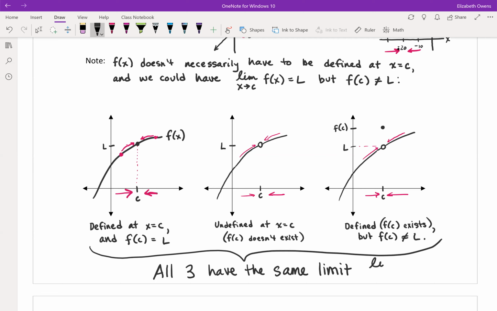The limit as x approaches c of f of x, for all three of those f of x's, equals L on all three of those. Okay, so interesting. All right, now in the next video, we'll look at some kind of unique functions, see if we can put this limit idea to work here.